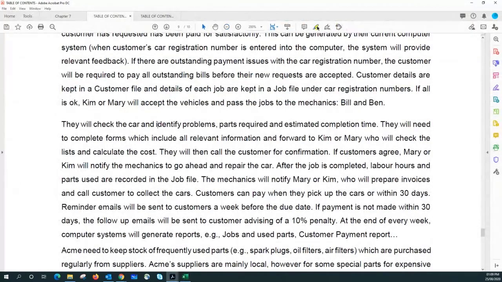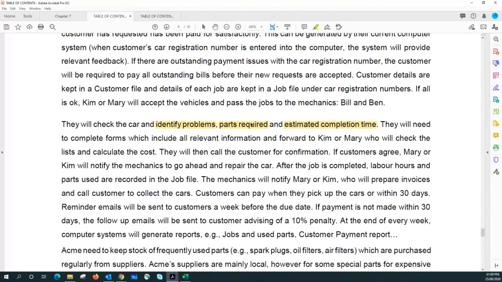Let me highlight that use case. So identifying the problems, and also parts required and estimated completion time. They need to record the parts required and estimate the completion time as well.